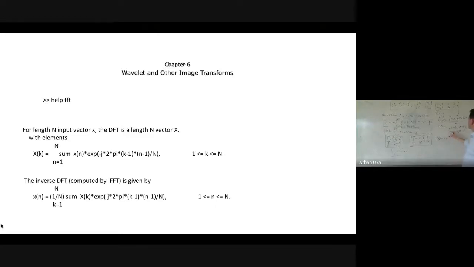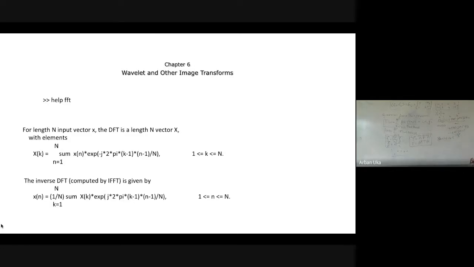Then the second term will have minus 4 times the exponential, where k minus 1 is 1 times (n minus 1), which is 1 again, divided by 3. So this will be minus 4 times e to the power minus j 2 pi over 3.